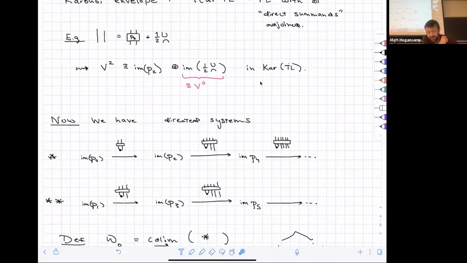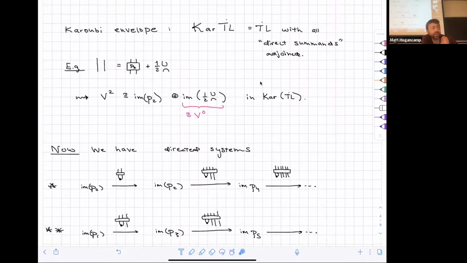This is a formal object. This is an object of the Karoubi envelope. The image of the symmetrizer is an object of the Karoubi envelope, but it's not an object of the original category. The original category, we defined it by generators. I told you what all of the objects were. All the objects are just like integers, like sequences of dots on a line.